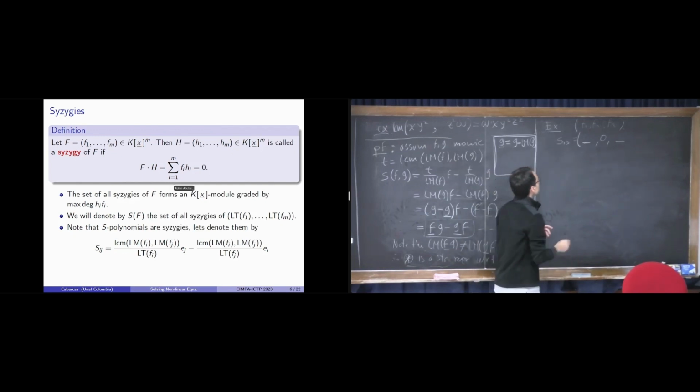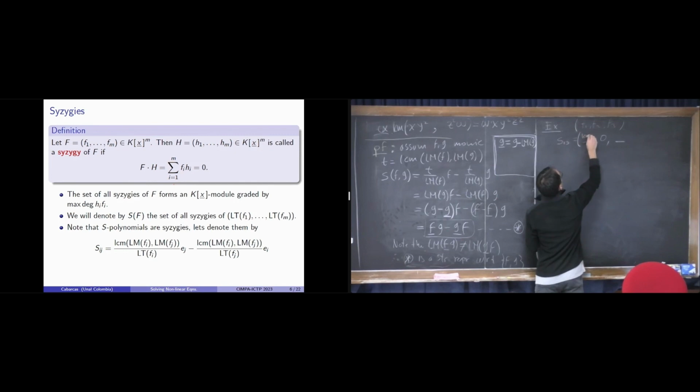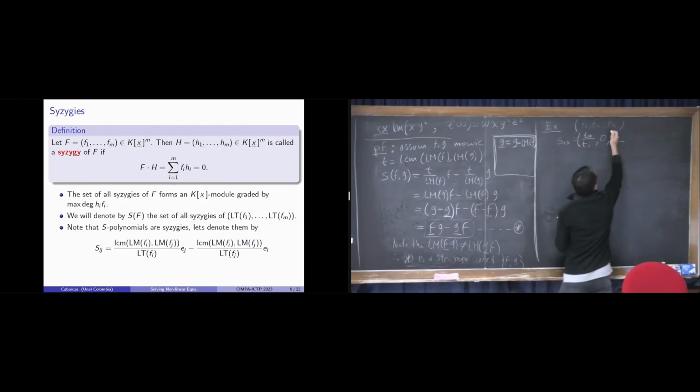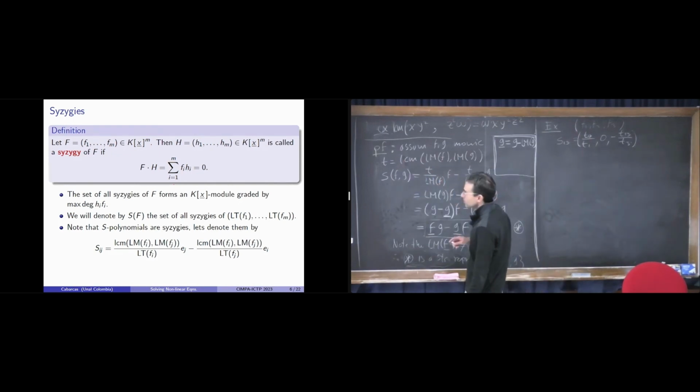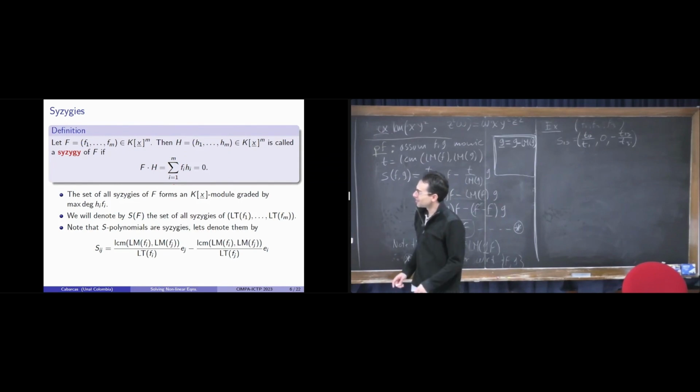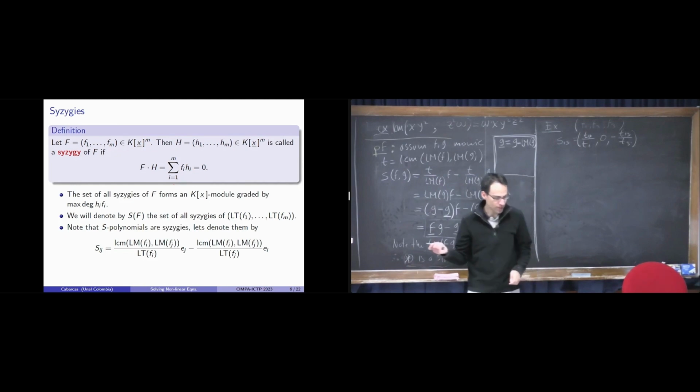Well, it has the least common multiple of the leading monomials, I'm going to call it T13, over T1, and then it has minus T13 over T3. It has two non-zero entries, one in position 1, one in position 3, and it's precisely what you need to cancel the leading monomials of F1 and F3, right? If we understand this as syzygy, this dot product will give you 0 with the list of leading monomials. So this is important to keep in mind.